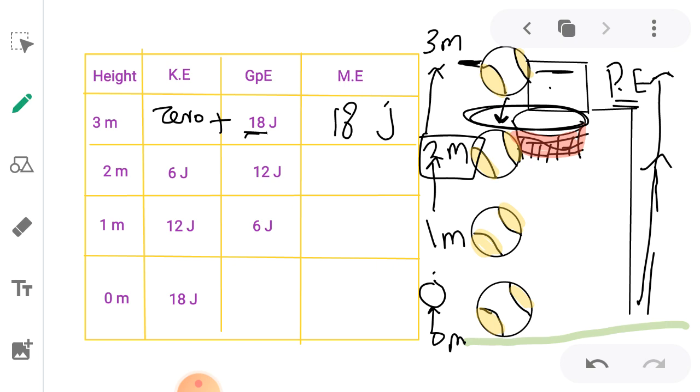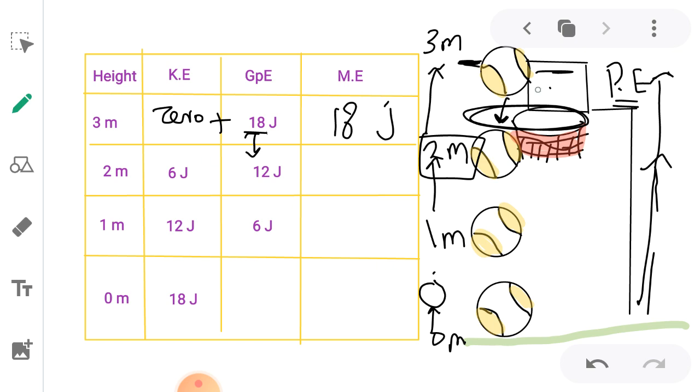So is it going to be the same amount of potential energy, or is it going to decrease? It's going to decrease. Why? Because as you get near to the ground, your potential energy becomes smaller. As you get higher above the ground, the potential energy increases. So here, as we measure the potential energy, it's transferred from 18 to 12. It means as we go downward, the potential energy decreases.